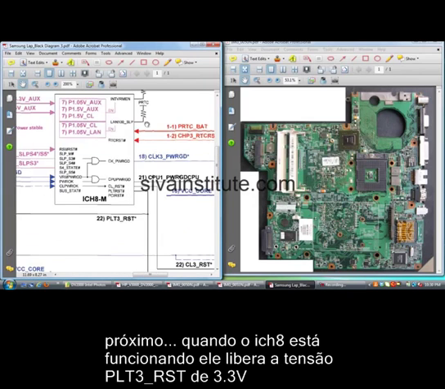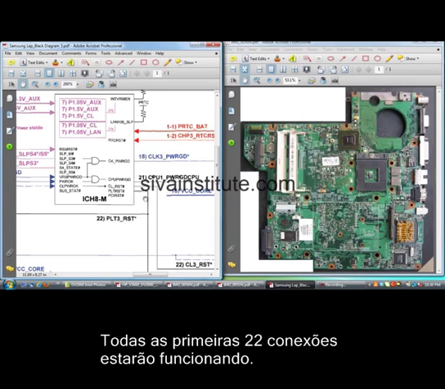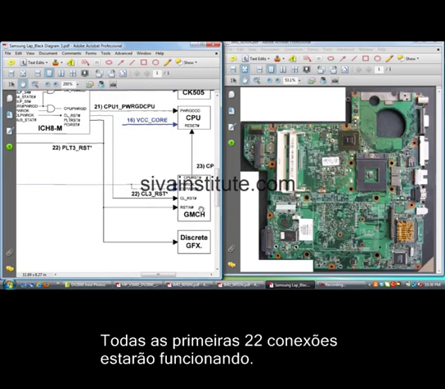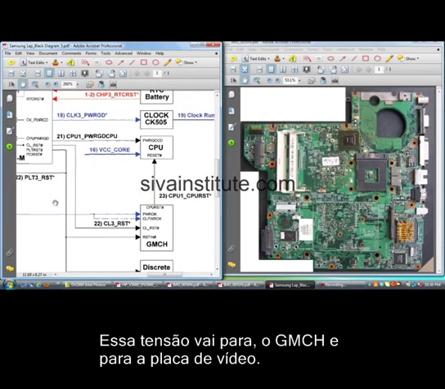Next, when this ICH is okay, this PLT reset and PCI reset voltage is released from this IC, 3.3 volts. You should check here that 3.3 volts is present, ICH is okay, all these 22 connections, that means 21 connections are okay. This voltage goes to GMCH and graphic controller chip.